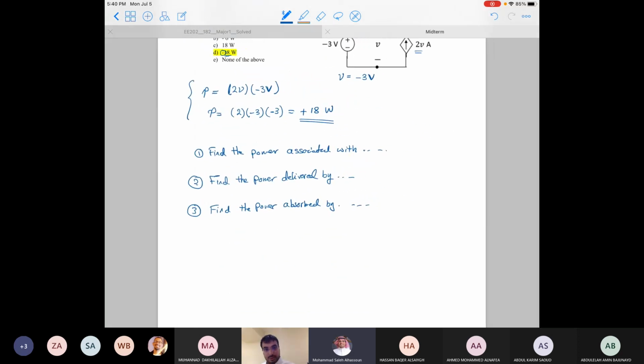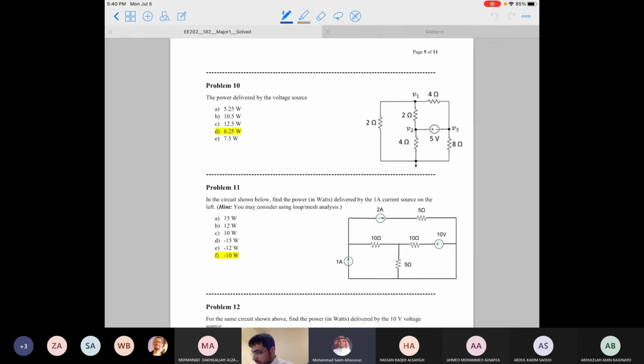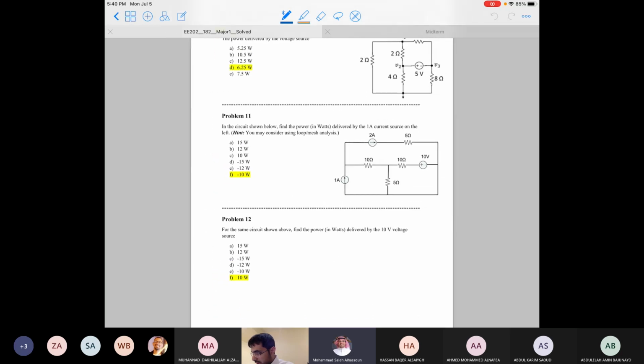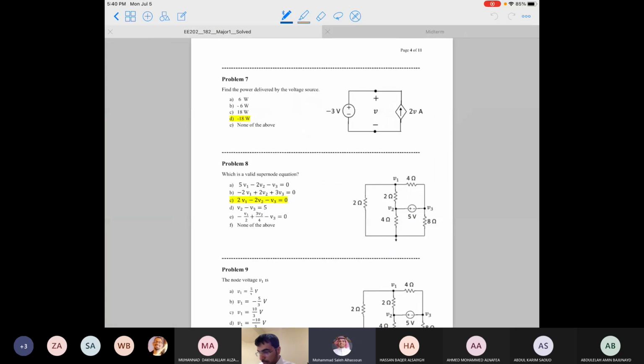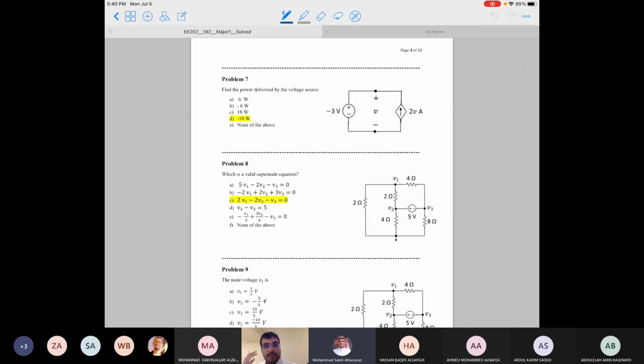So it's going to be negative 18. I believe there is another question. Okay, there are a few questions. We'll come to them, inshallah. But this is the logic behind it.